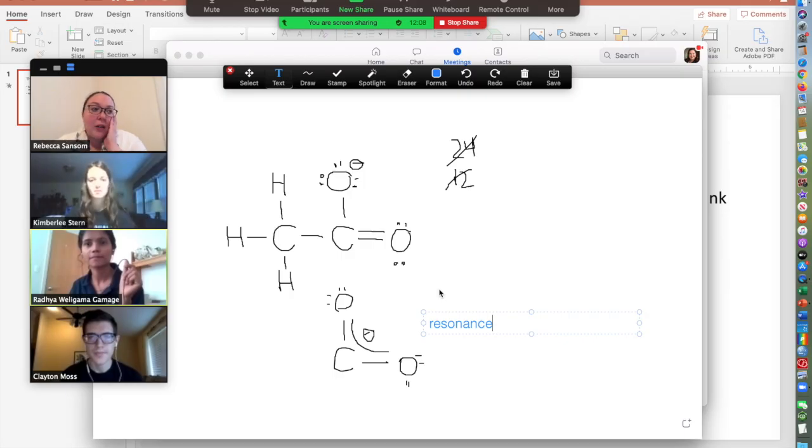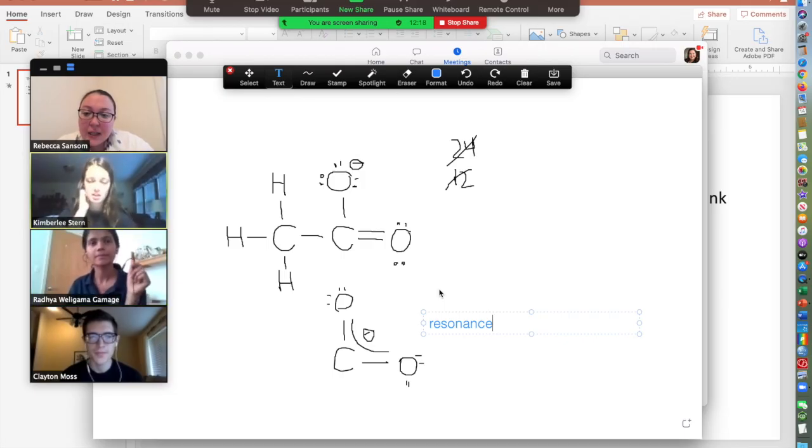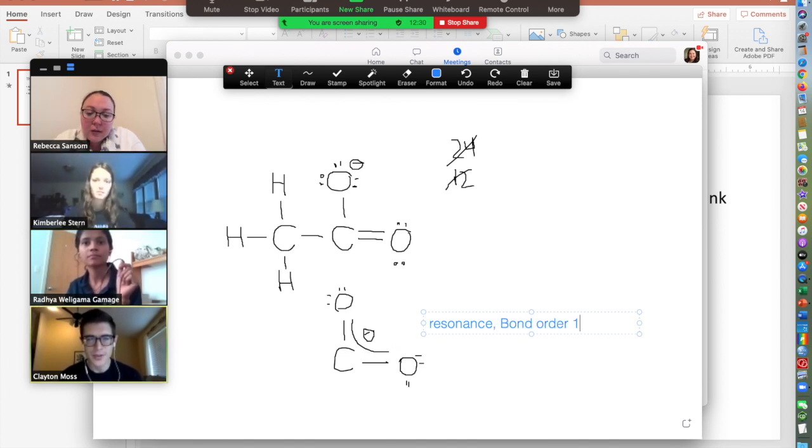And we also learned about bond order, like calculating bond order for a molecule. Yeah, normally up here it would be 1 and 2, but when you have resonance it gets spread out, and so it's 1.5. Yeah, so it's 3 bonds divided by 2 positions, so it's 3/2, which is 1.5.